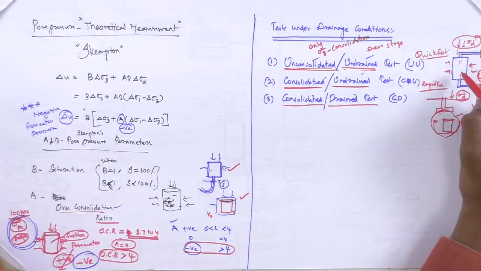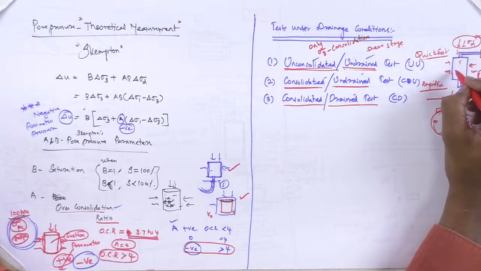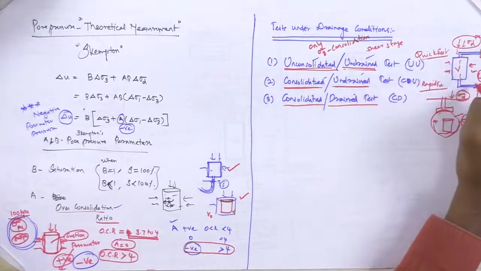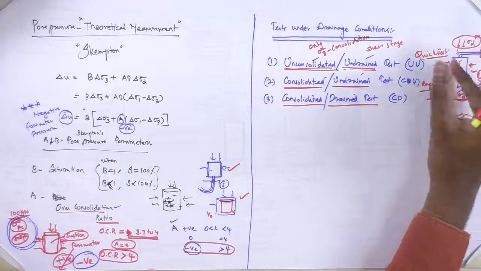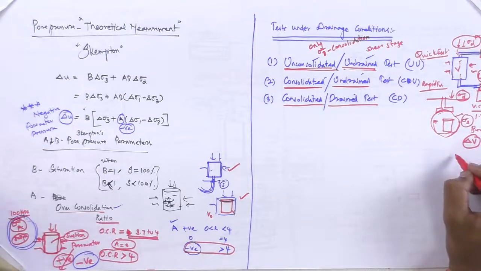In this burette setup, the volume change is measured, which means del V. Let us say this is the initial volume V. Once you apply the consolidation and confining pressure, the valve is open, so the water is allowed to go out. So the volume is reduced by this much del V. So the final volume will be V minus del V.